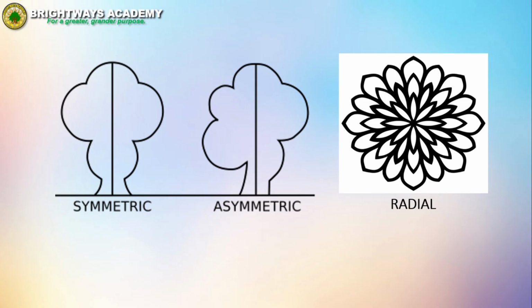Here are examples of the three types of balance. As you can see, they are different. Symmetrical balance is the same on both sides, unlike asymmetrical balance. And radial balance is the radius of a design.